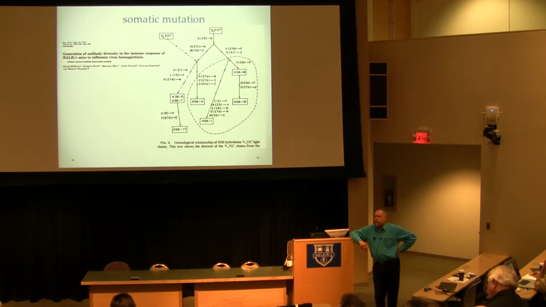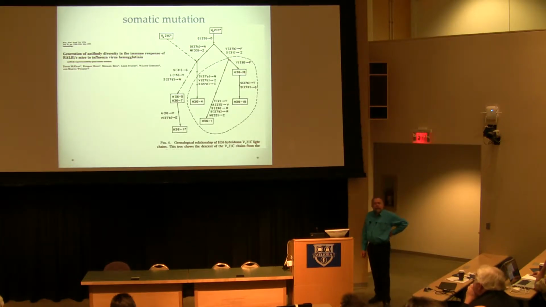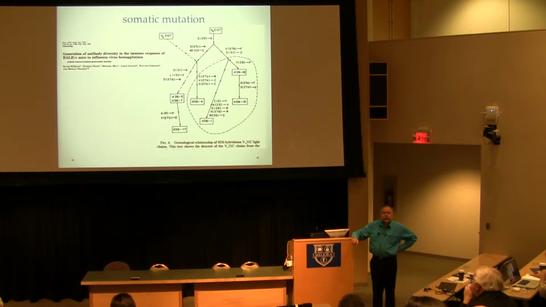It led them to understand for the first time that somatic mutation was going on. And they put 2 and 2 together and conjectured that it was this somatic mutation that underlies affinity maturation.